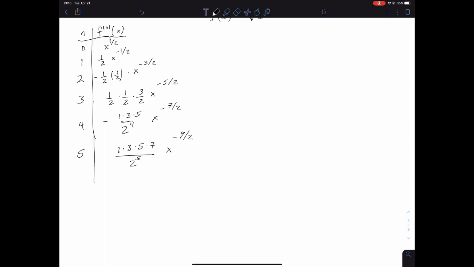Okay, now you should stop and take a second and guess the next term on your own without taking the derivative. Just look at it, think about it, see if you can guess the right next term. So I think it should be negative 1 times 3 times 5 times 7, and I'll tack on a 9 this time, over 2 to the 6th, x to the negative 11 over 2. And what I would think is the next one would have 11 at the end, and then the next one would have a 13, and the next one would have a 15.